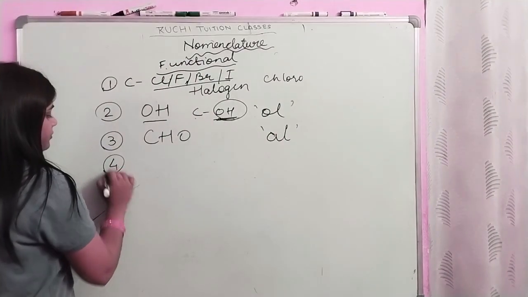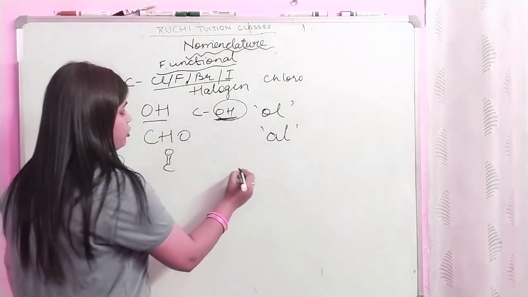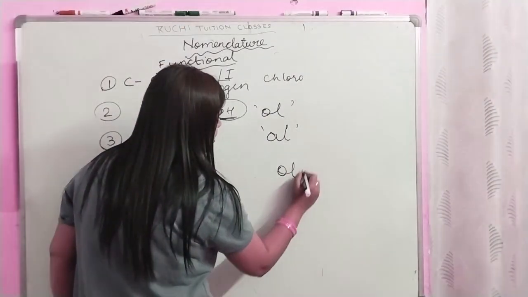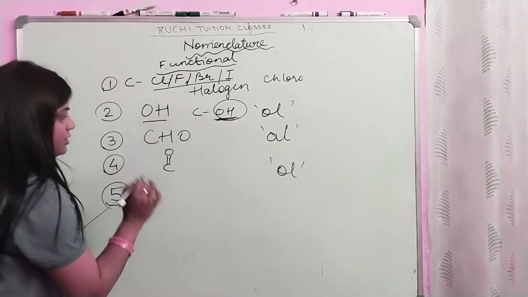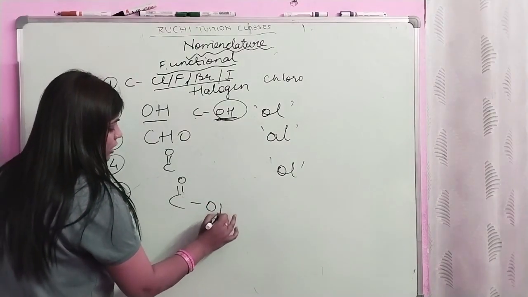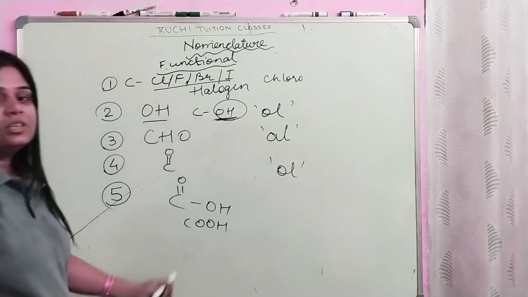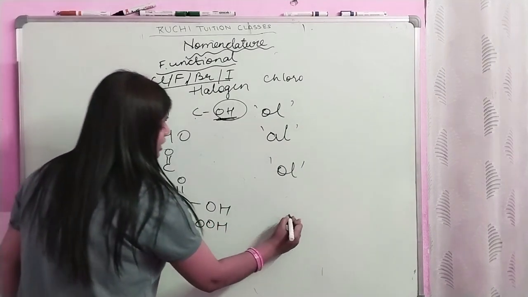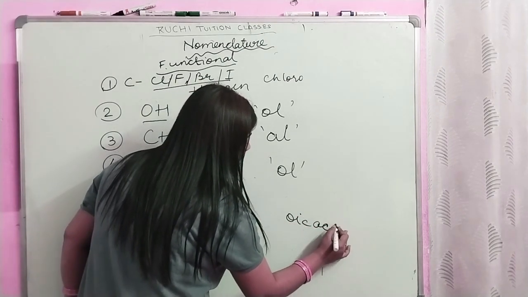Fourth one is ketone, C double bond O, and here the suffix will be one. Fifth group is carboxylic acid, C double bond OH. This is called carboxylic acid, and here the suffix will be oic acid.